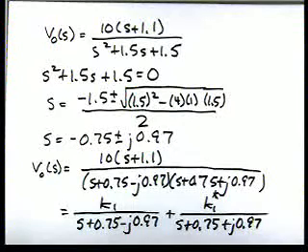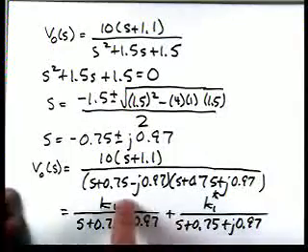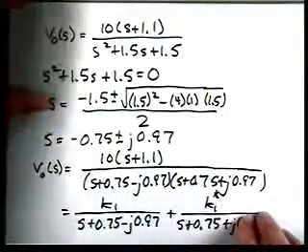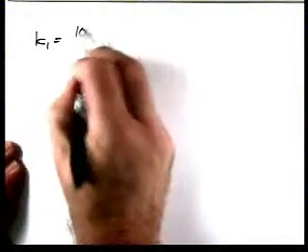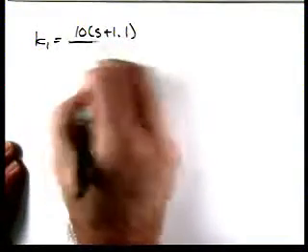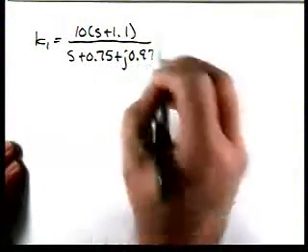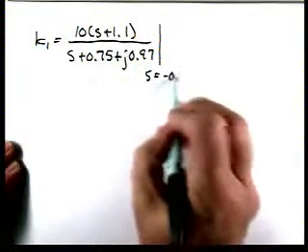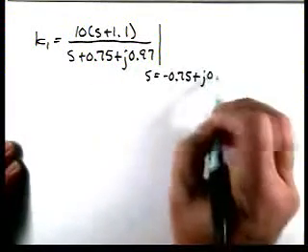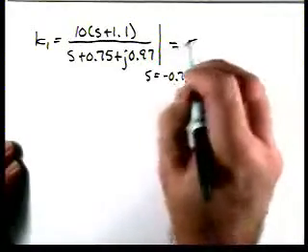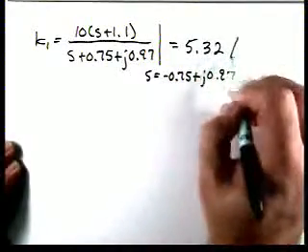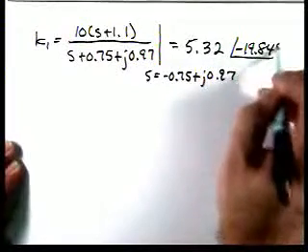Now, to find K1, we're going to multiply through by this factor and then let S equal minus 0.75 plus j0.97. So K1 is 10 times S plus 1.1 over S plus 0.75 plus j0.97, evaluated at S equal minus 0.75 plus j0.97, and that gives us 5.32 at an angle of minus 19.84 degrees.